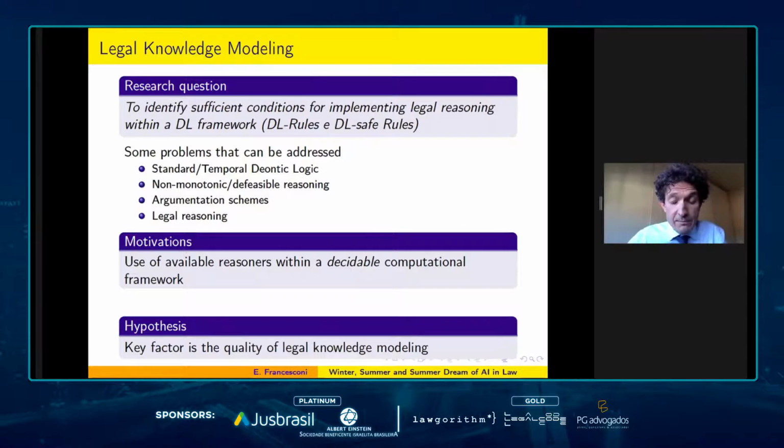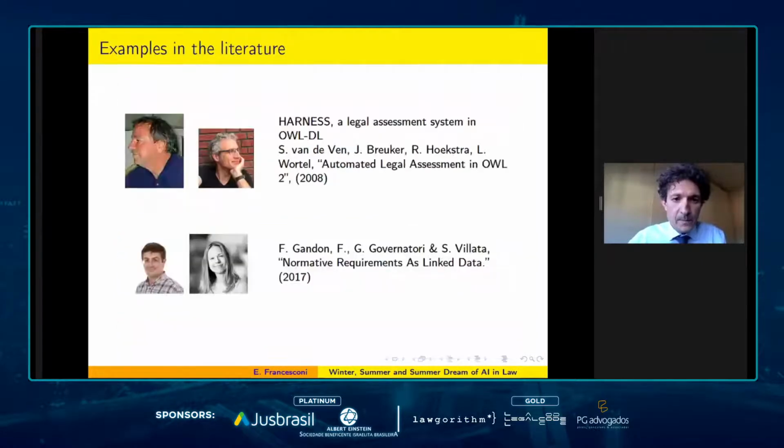And the key hypothesis in my view is that the key factor is the quality of legal knowledge modeling. And some examples exist in the literature, some examples coming from the University of Amsterdam, another interesting work from Guido and Serena about using linked open data for legal compliance.